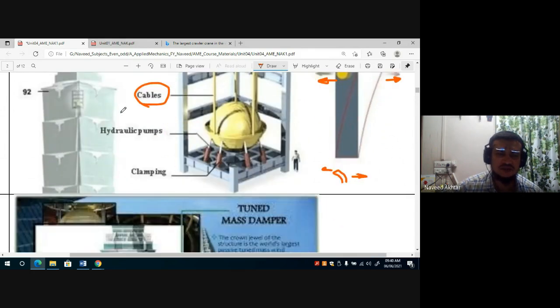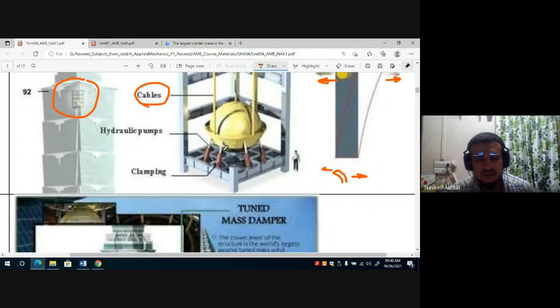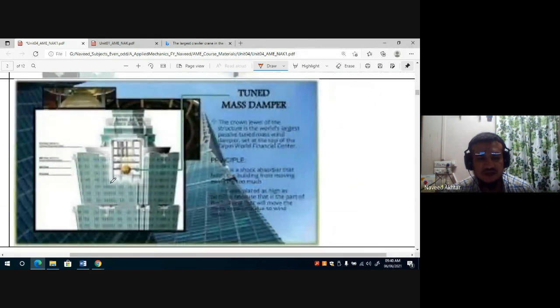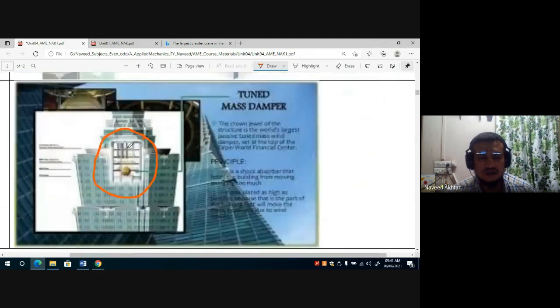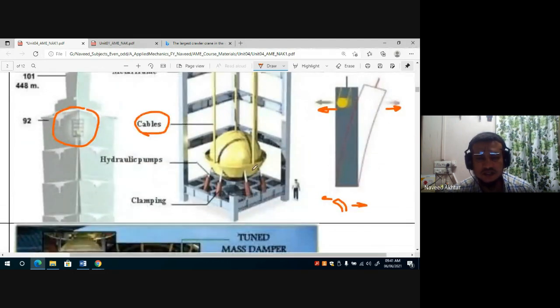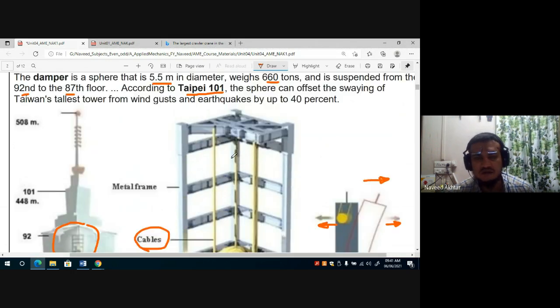So this is the Taipei 101 floor building, and inside the building you can see, from the 87th floor to the 92nd floor, this arrangement is done, and due to this arrangement the balancing of the building is done. That is called a tuned mass damper, and the ball adjusts itself to balance the building or to avoid the fall of the building.